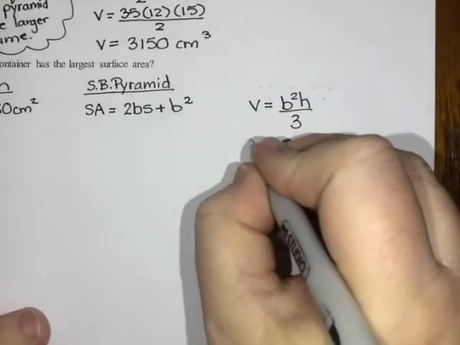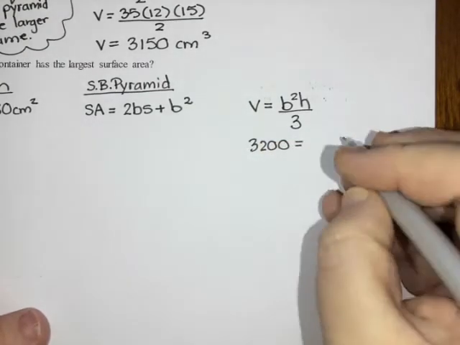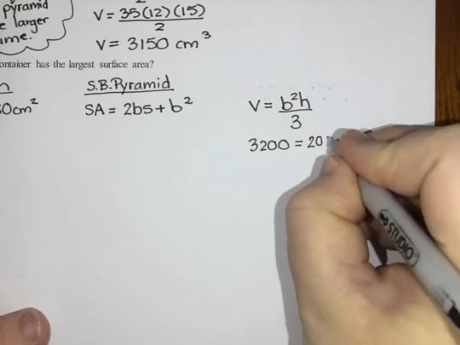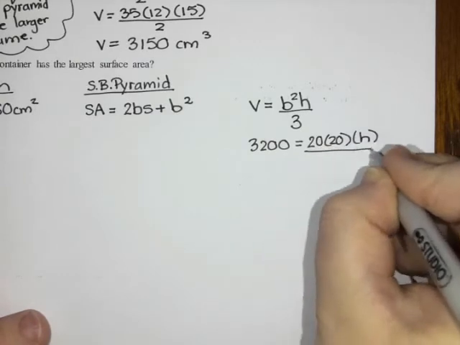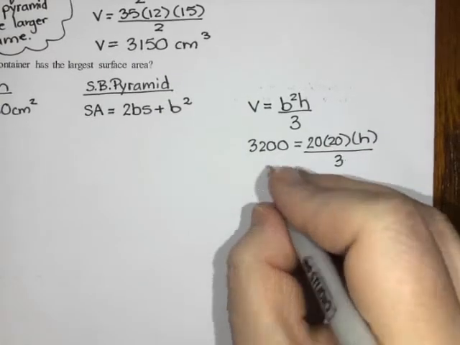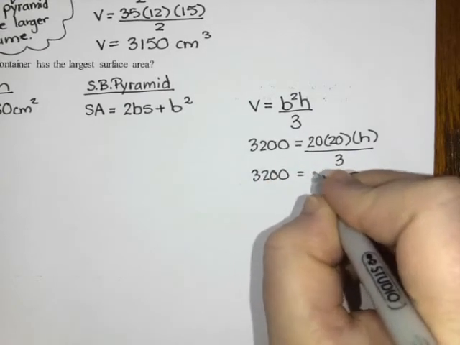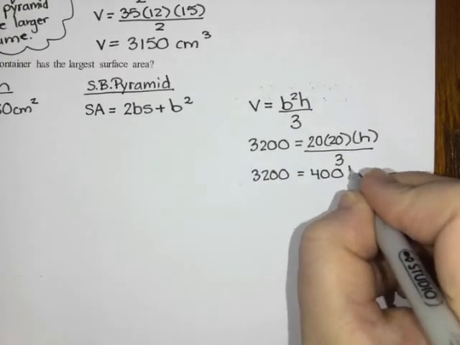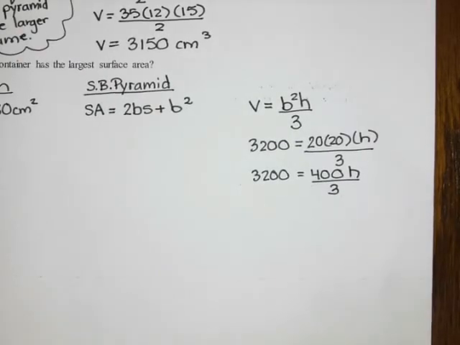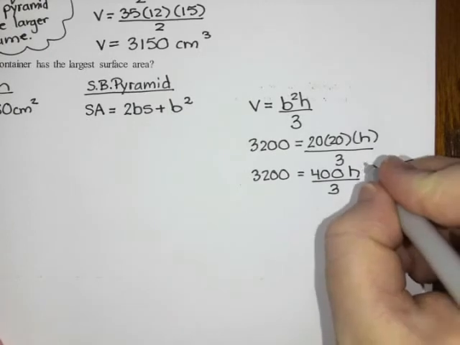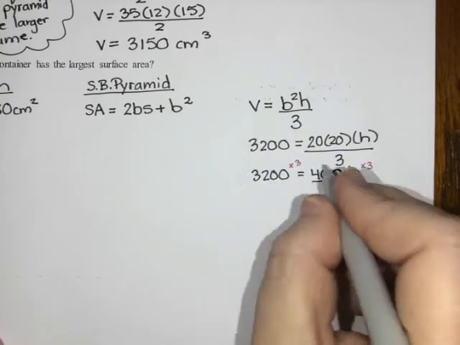So I know the volume is 3,200, and I know the base is 20. So 20 squared is 20 times 20, and then I don't know what the height is, and that's divided by 3. So 20 times 20 is 400h divided by 3. I'm going to start by multiplying both sides by 3 to get rid of that 3, or you could put this over 1 and cross multiply.